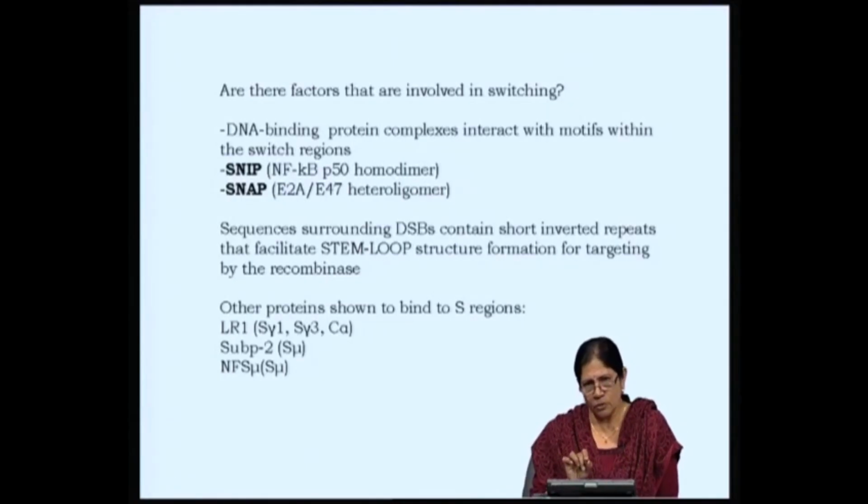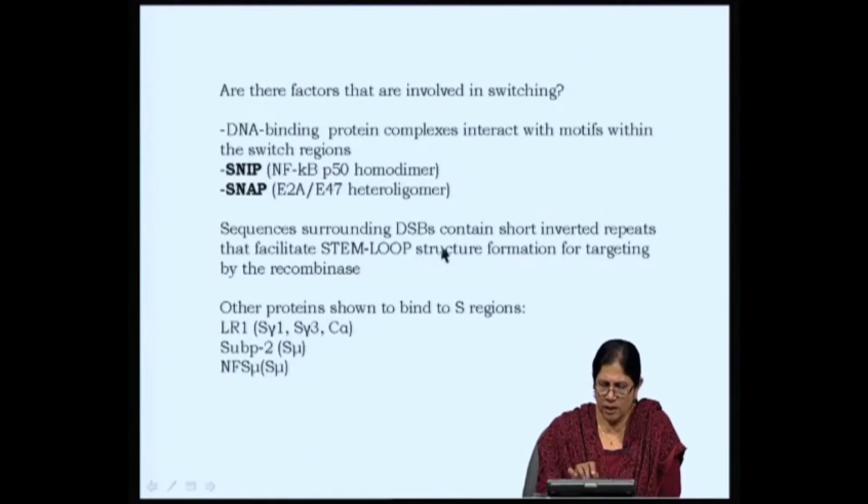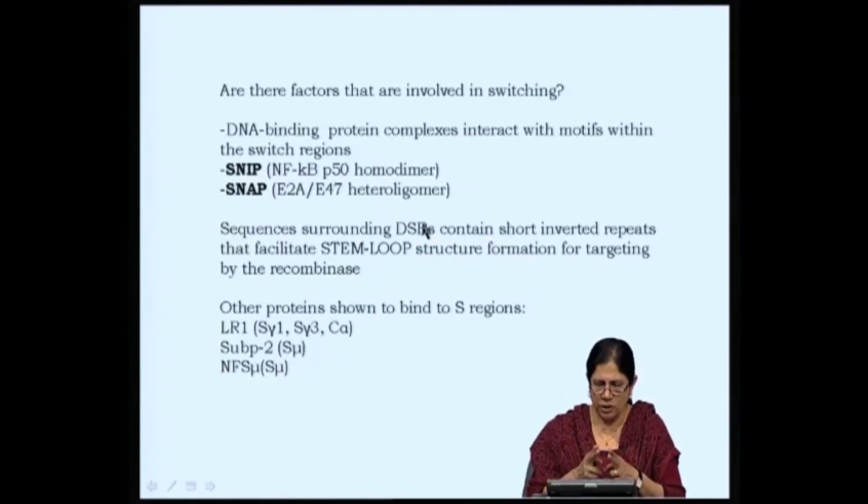Now, what has also been seen is sequences surrounding the double strand breaks, when the cutting takes place by the activation induced deaminase. These double strand breaks contain short inverted repeats that facilitate stem loop structure formation for targeting by the recombinase.